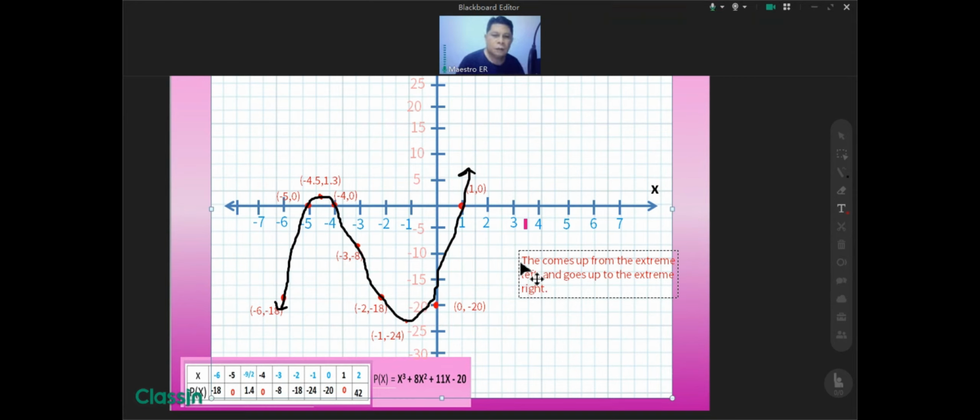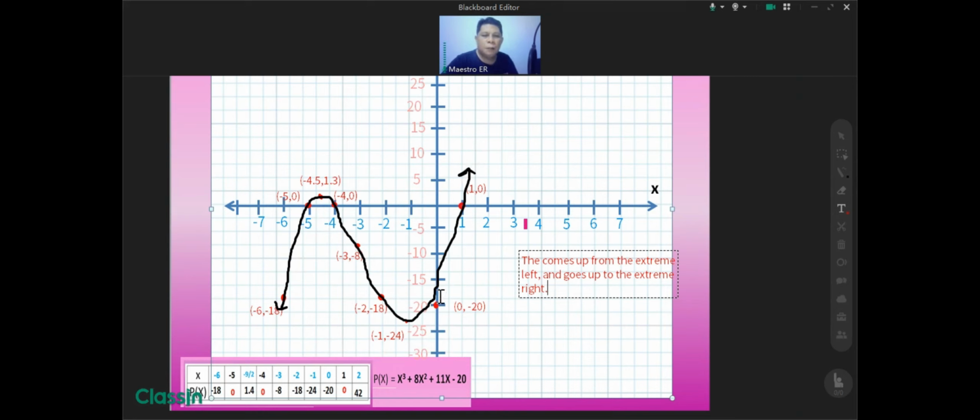So that's how to draw the graph of a polynomial. The graph is not that nice, because our materials are limited. Okay? Since we do not plot the points of 2 and positive 42, we just assume that this graph goes up to 42 and so on.